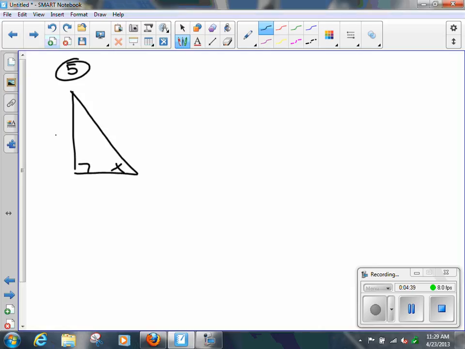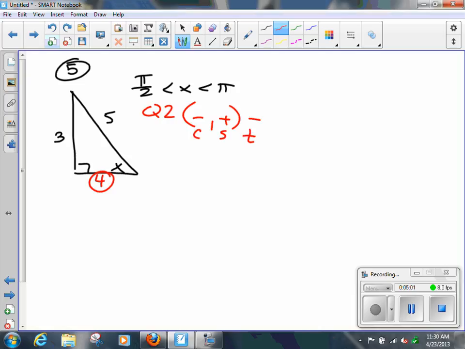The sine is 3/5, which means my third side is 4 because that's a triple. It says that it's between pi/2 and pi. What quadrant is that? Second. Signs are negative, positive, negative for cosine, sine, and tangent.